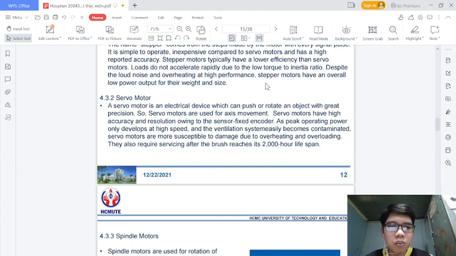Peak operating power is only developed at high speed, and the ventilation system can become contaminated. Servo motors are more susceptible to damage due to overheating and overloading. They also require servicing after the product reaches its 2000 hour lifespan.